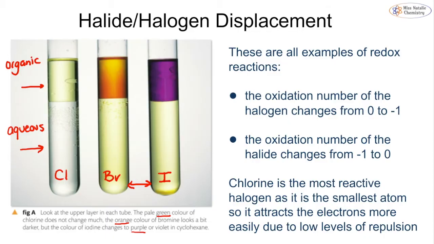So the halogen is changing from 0 to -1, and the halide oxidation number is changing from -1 to 0. Chlorine is the most reactive because it is a small atom and we get more attraction of the electrons, so we get that higher electronegativity. So the chlorine can displace the bromine and the iodine. Bromine will only displace iodine, and iodine cannot displace either of them.